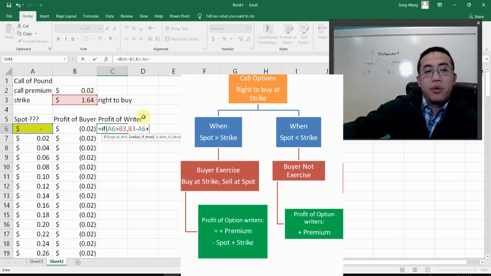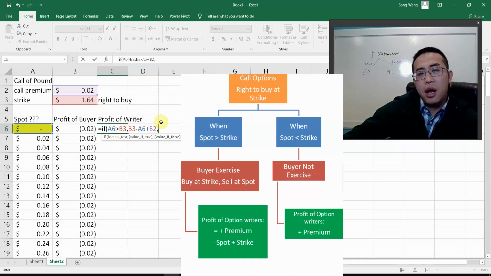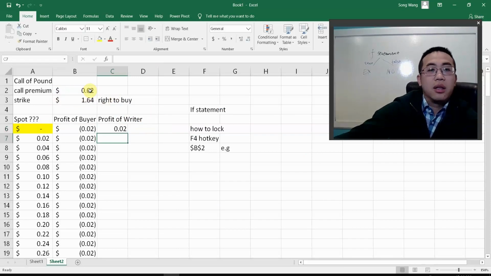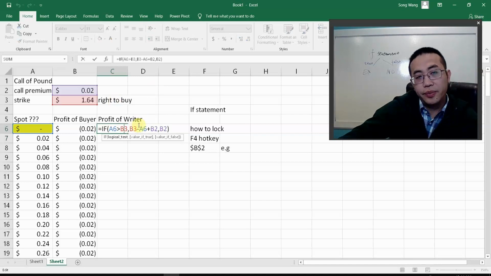And then the option writer always collects the premium no matter what. So this is a situation when the call option gets exercised. And if the call option does not get exercised, then the call option writer right here would just collect the premium. Just put the premium in there and then hit enter.